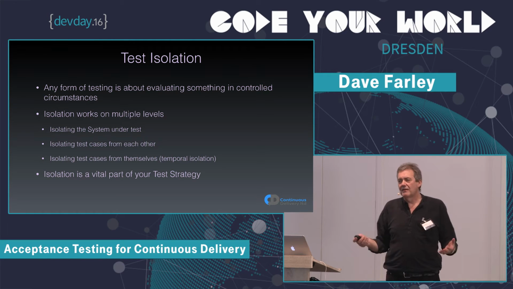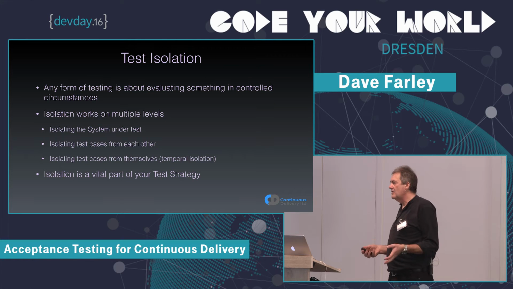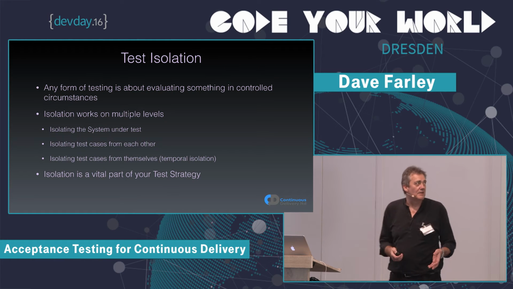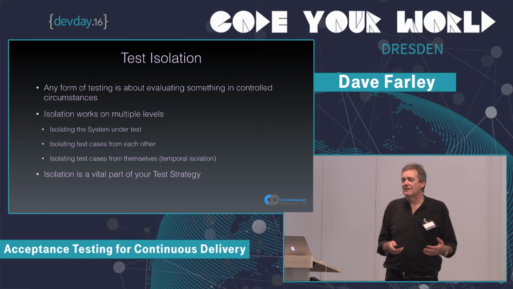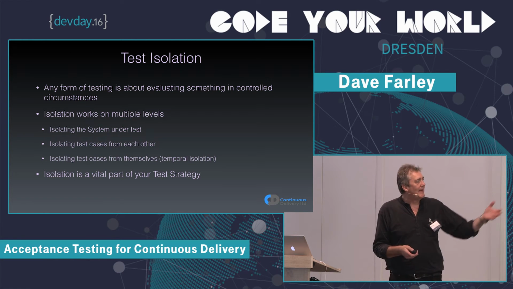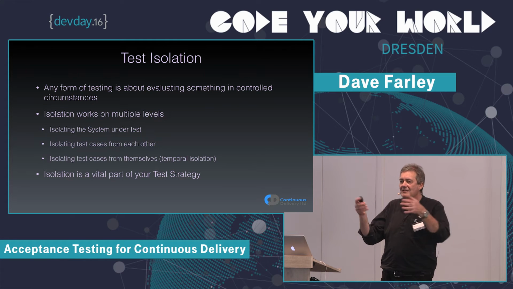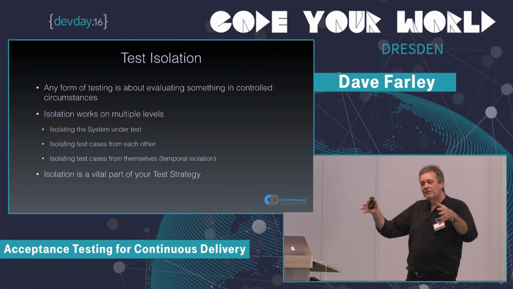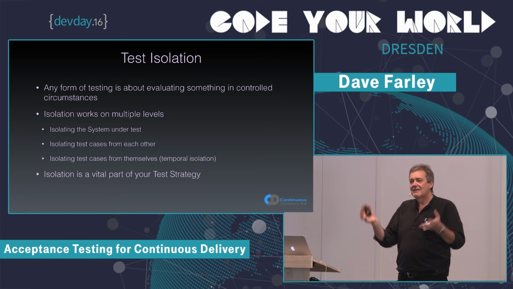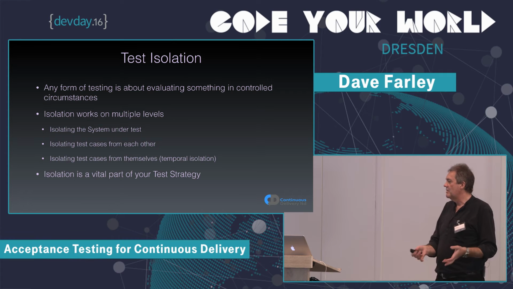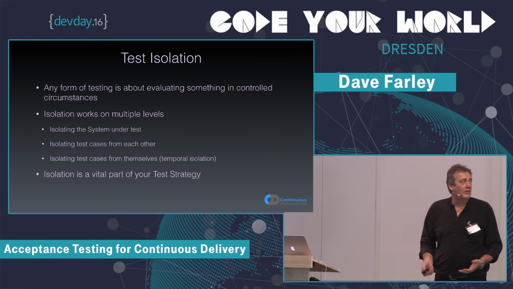And for that, I think that thinking about test isolation is an important part of that process. And there are different levels of isolation that come into play. So we can think about isolating the system. So what's the scope of the system under test? And we can think about isolating test cases from one another, and we can think about isolating test cases from themselves so we can run one test case after another.